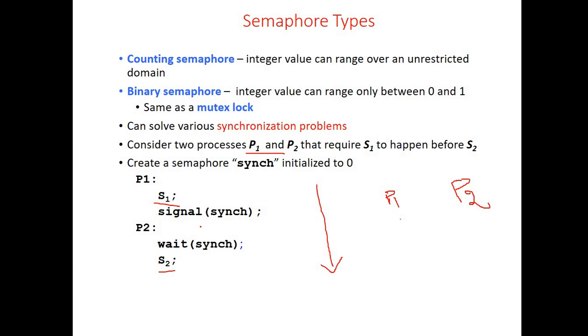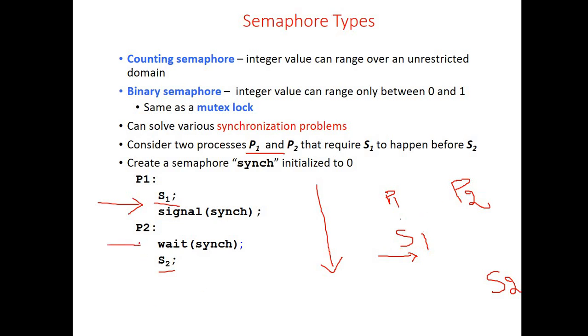The condition for P2 is that S1 should happen before S2. So we can unconditionally execute the statement S1 without needing to stop any process. So statement S1 in the process P1 gets executed.